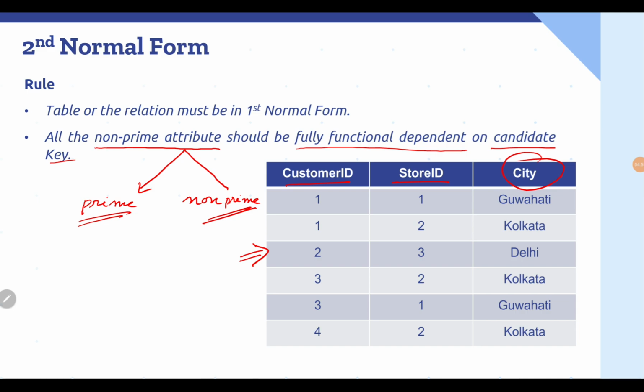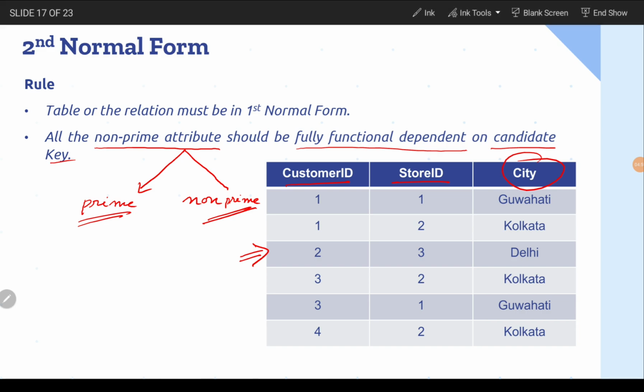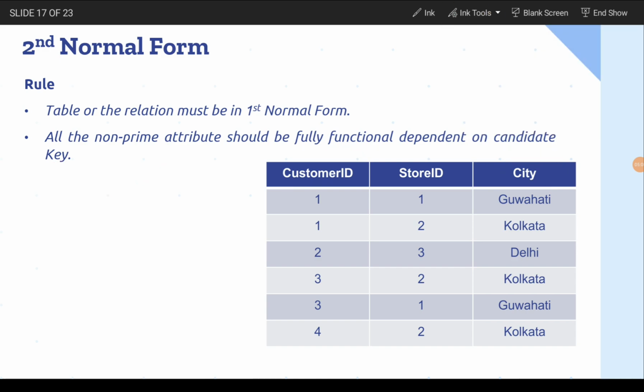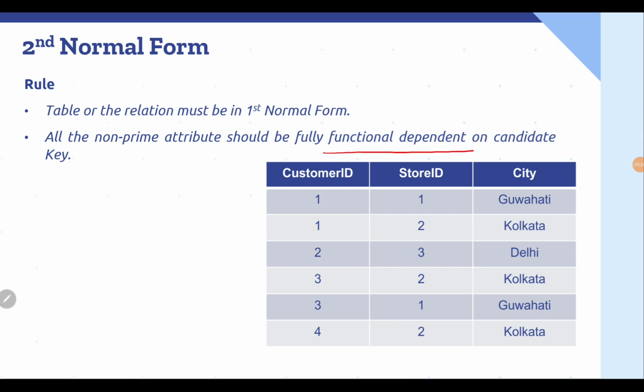I hope the basic difference between prime and non-prime attributes is clear. Then what is fully functional dependency? From here we have to implement the logic of functional dependency.